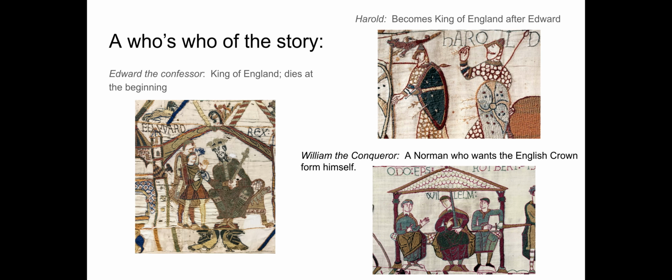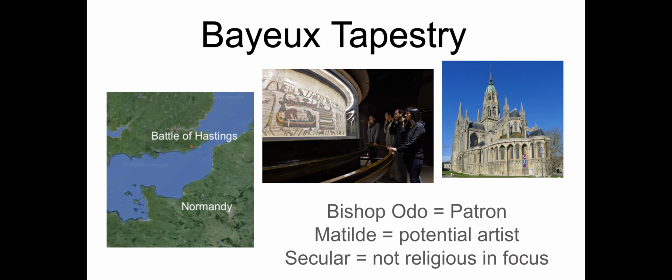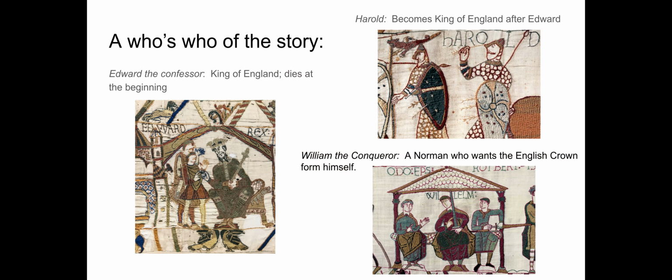Now, the tapestry itself, again, staying with the context part of it, Bishop Odo, who I mentioned at the beginning, is actually a Norman himself. He is not only a Norman, but he is the half-brother of William the Conqueror, who wants to be king and who's leading this attack.